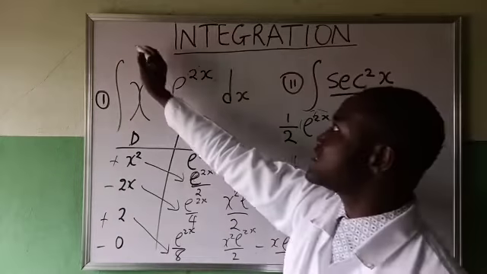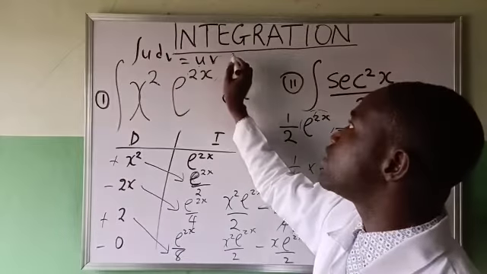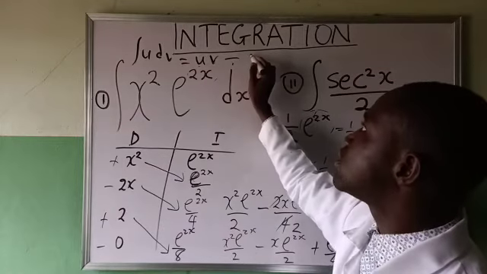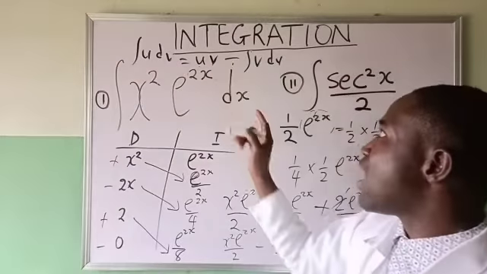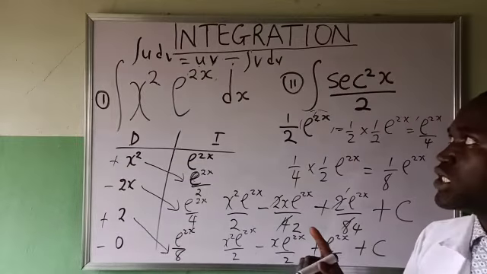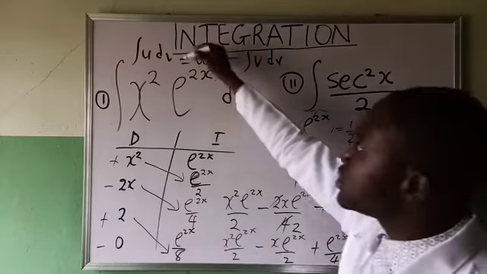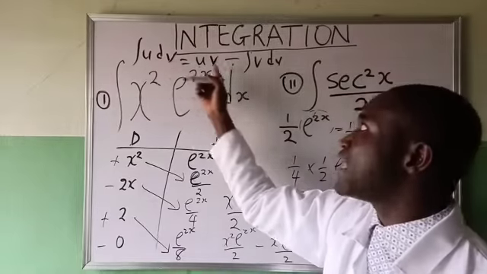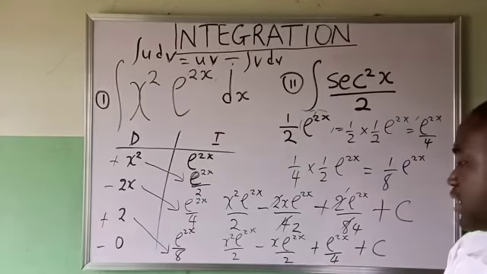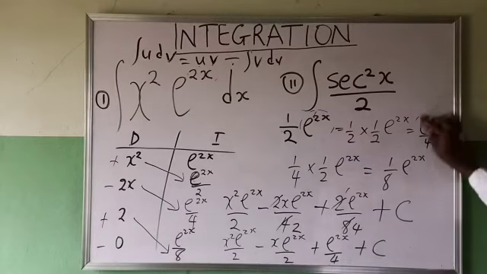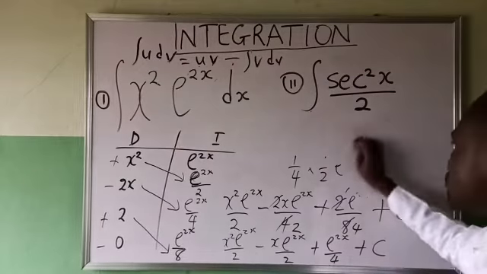Integration by parts is integral u dv equals uv minus integral v du. When I solve it using this pattern, I will get the same answer, but it will take you a longer time. So this is the integration by parts formula, but this is the reduction method formula, so that it will be easier for you. Then we go to the next question and use this shorter method.